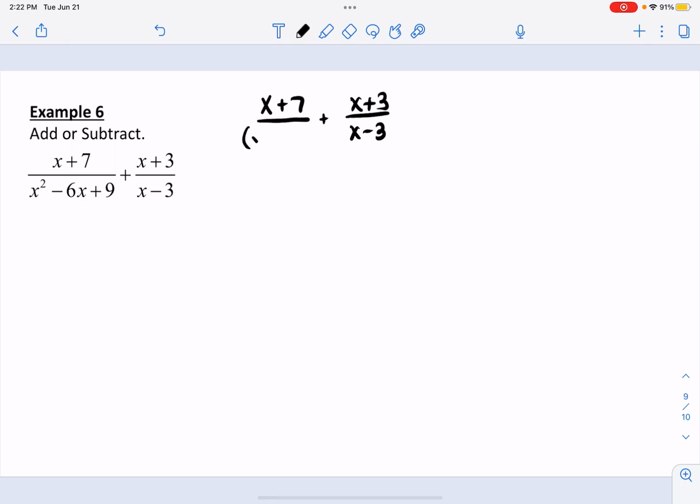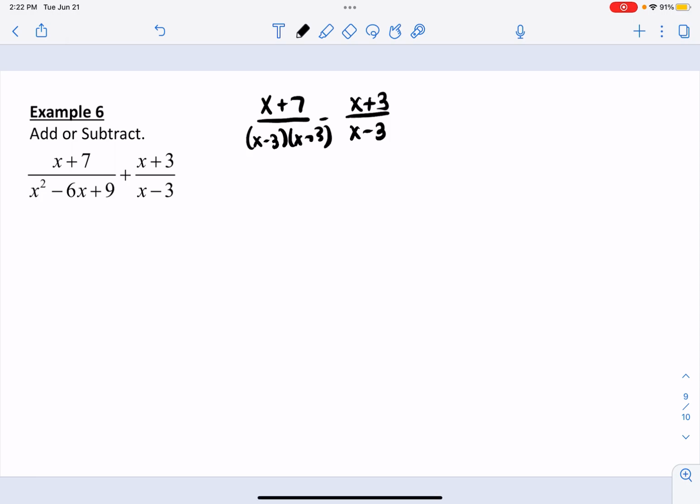So I have x squared minus 6x minus 9. That's x plus 3 squared. I'm sorry, it's x minus 3 squared. X minus 3 times x minus 3.